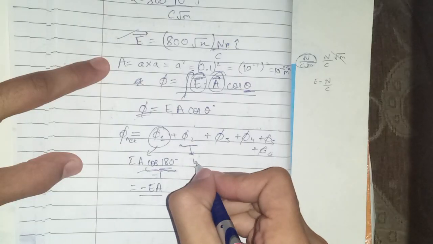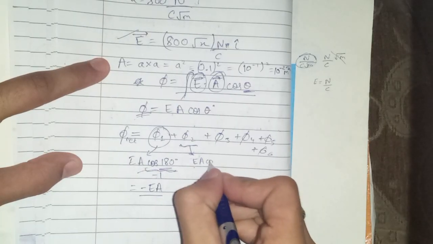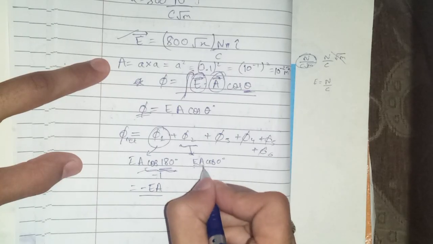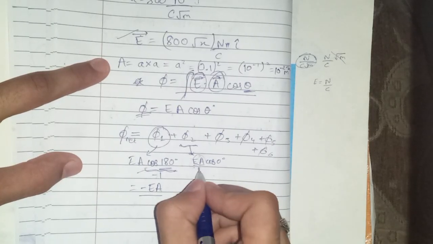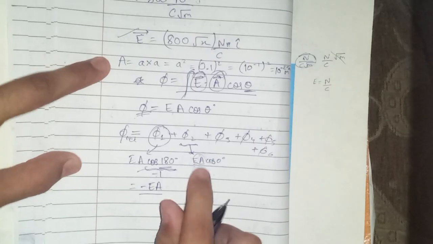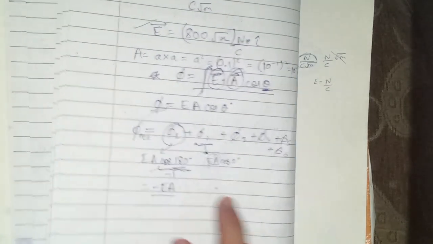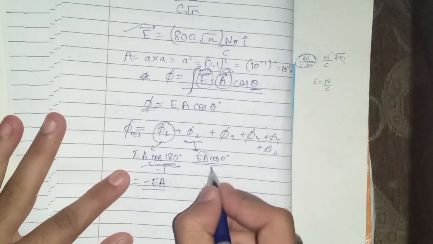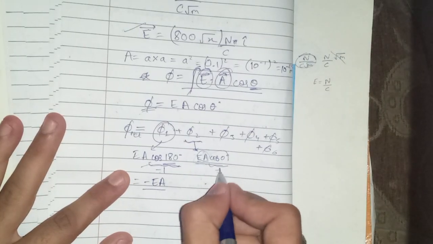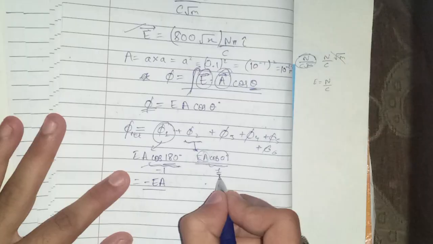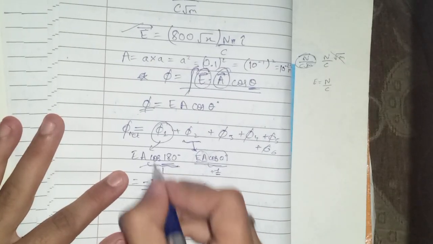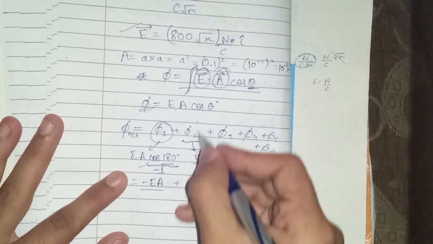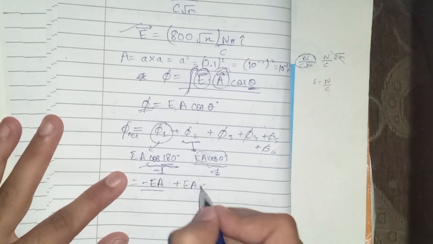Here it is EA cos 0 degrees. Cos 0 degrees is 1, whereas cos 180 degrees is minus 1. So this gives plus EA.